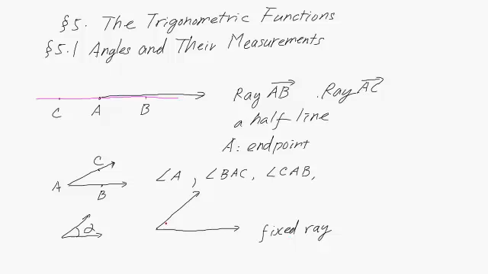Let me call this angle alpha. So this is the initial side of this angle. And then this last ray is called the terminal side of the angle. So this guy is called the terminal side.